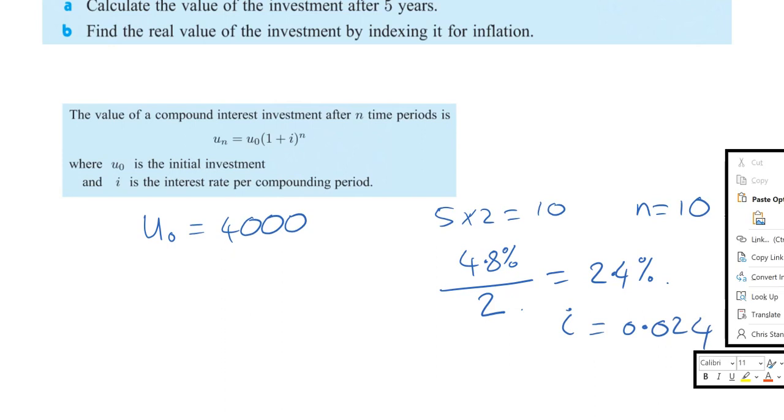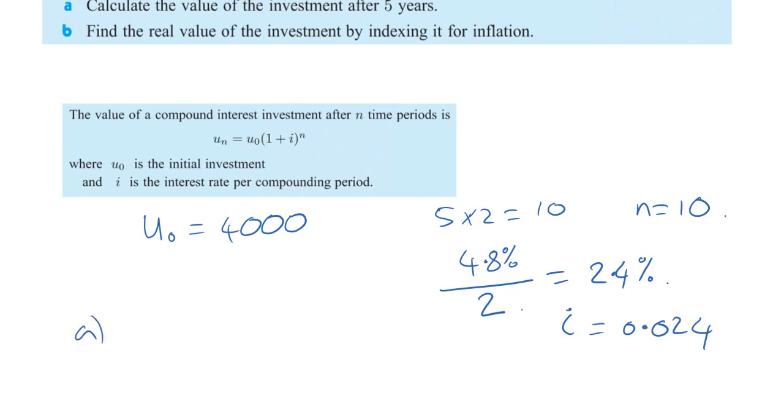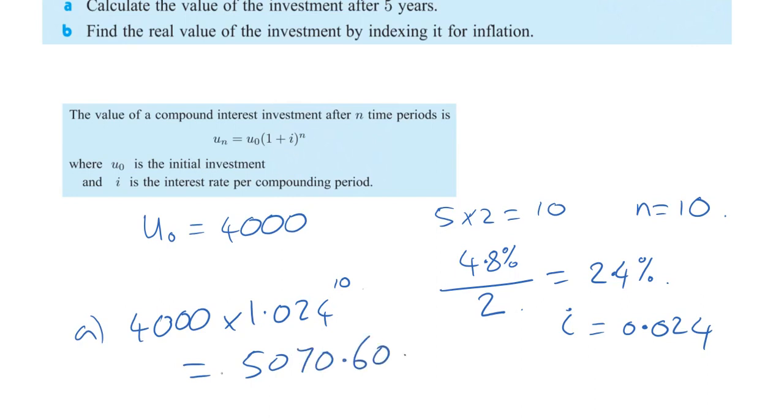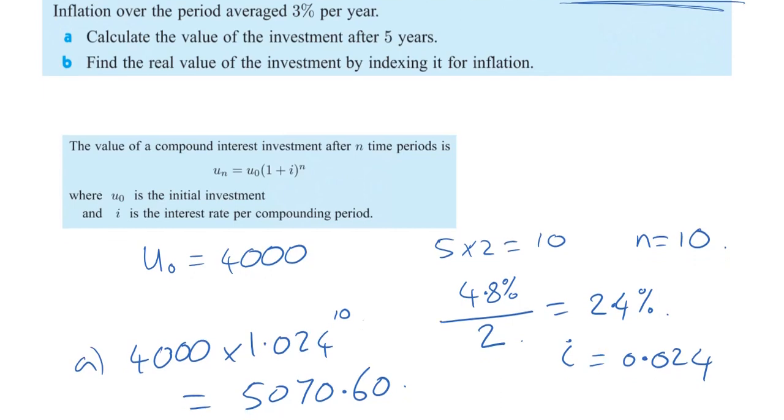So in part A, we've got to calculate the value of the investment after 5 years. Let's just run through this. We have got 4,000 multiplied by 1.024 to the power of 10. And this comes out at 5,070.60. And we are in dollars here.